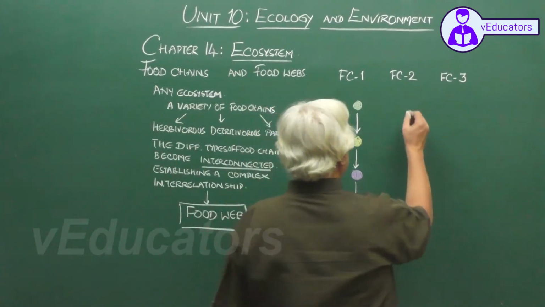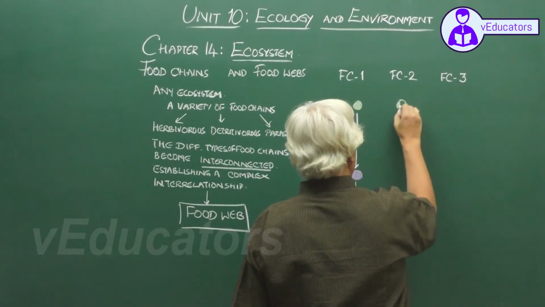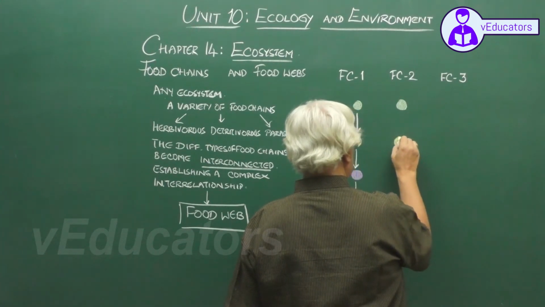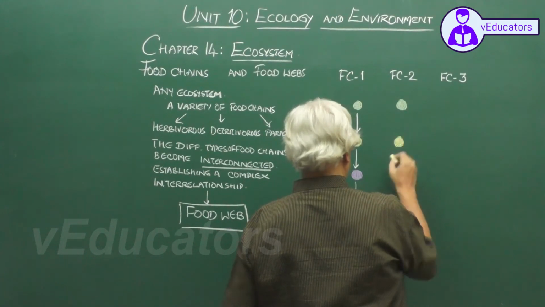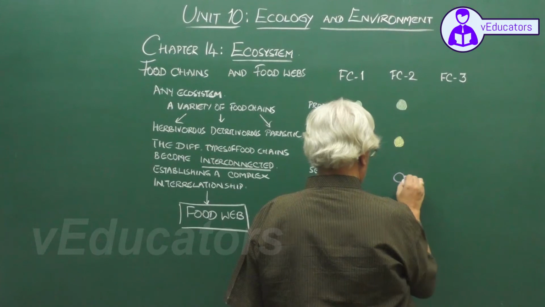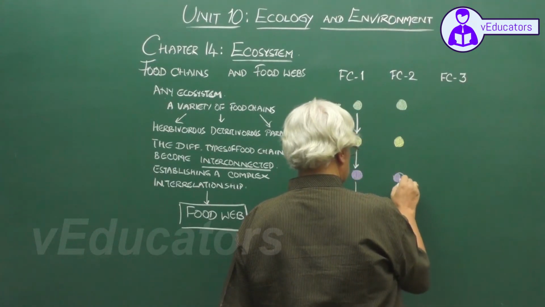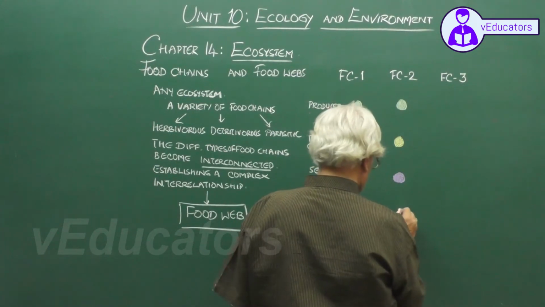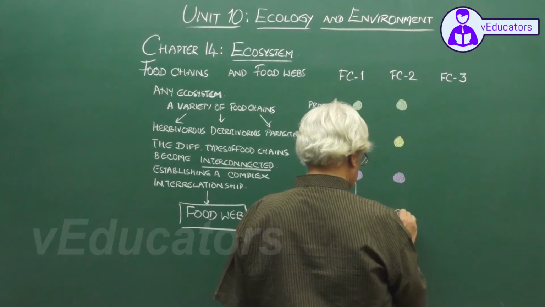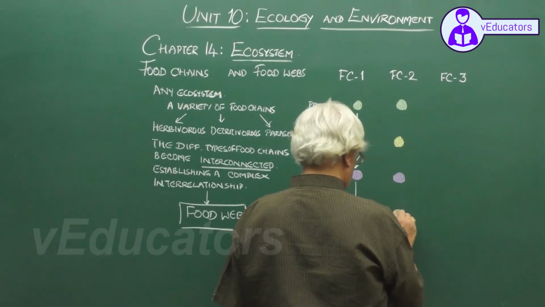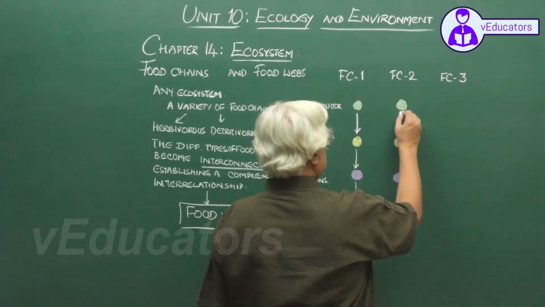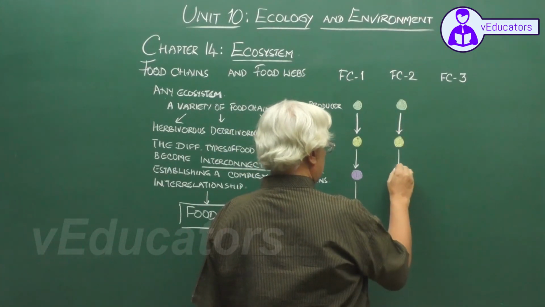Let us say the second food chain has another species of a plant, another species of a primary consumer, another secondary consumer, and another tertiary consumer. So this forms a second food chain.